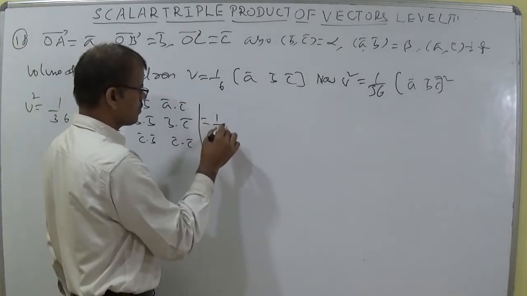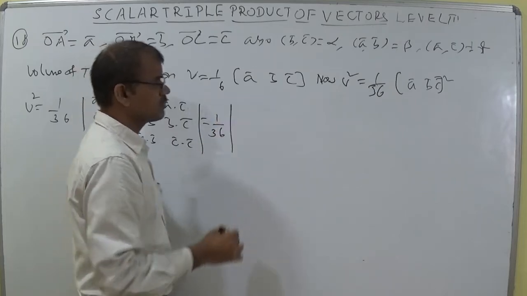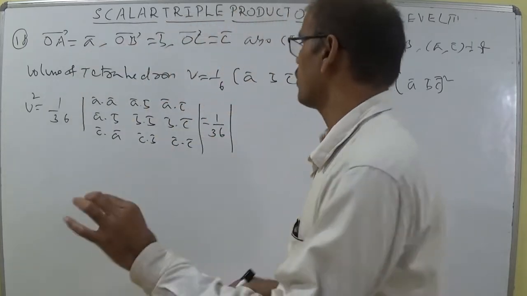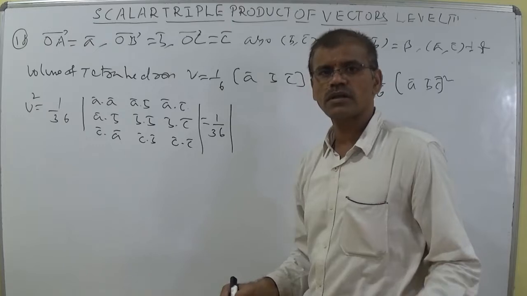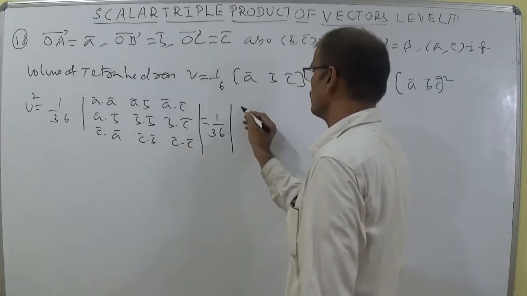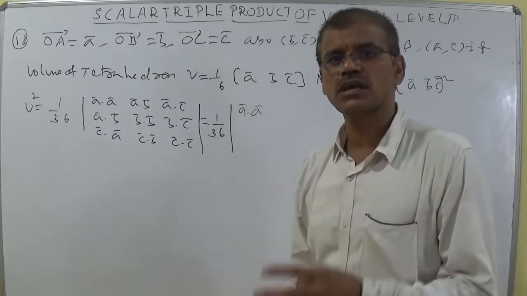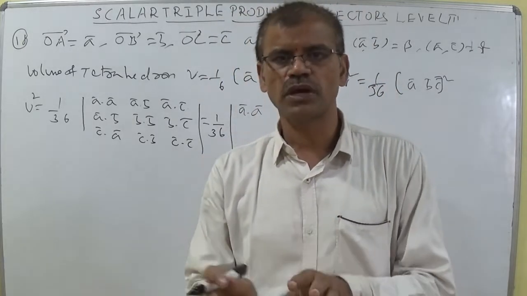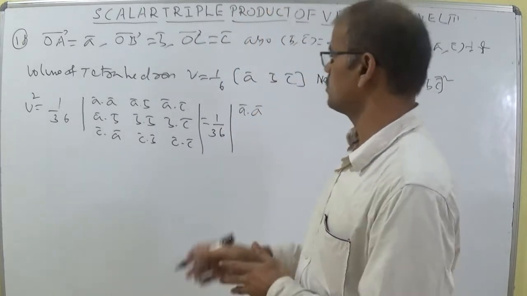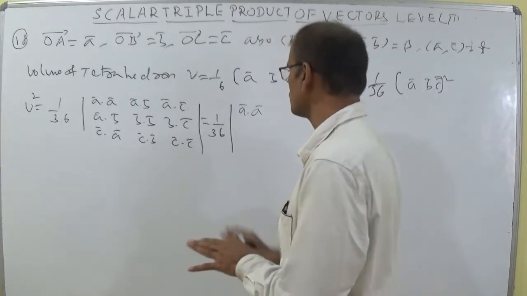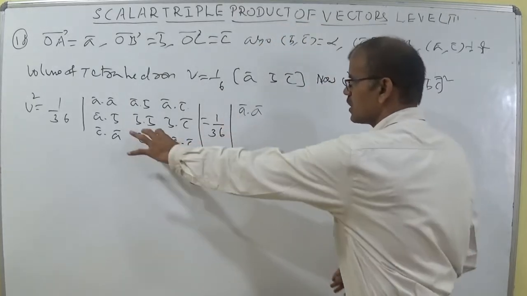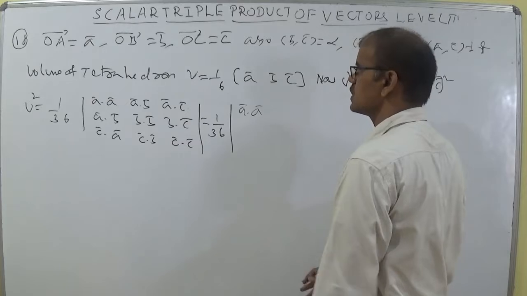Slowly understand: A bar dot A bar becomes mod A square. Simply leave the vector like this, A dot A, because for the same vectors the angle between them is 0 and cos 0 is 1, so no need to write it. Here also B dot B you can leave, and C dot C you can leave.